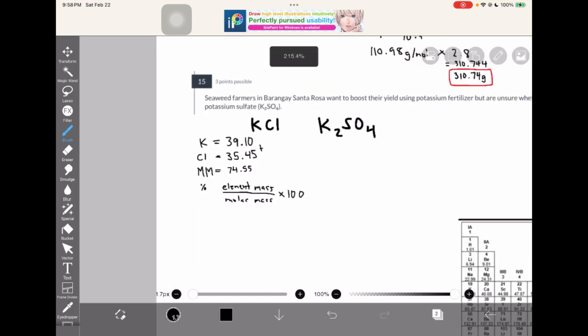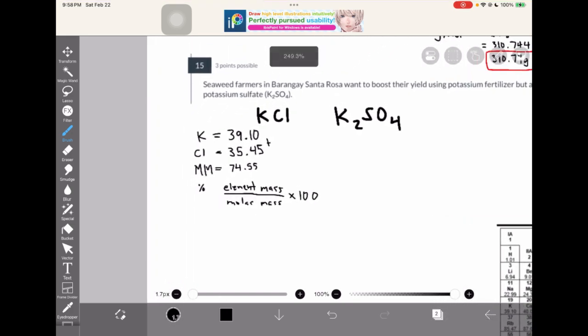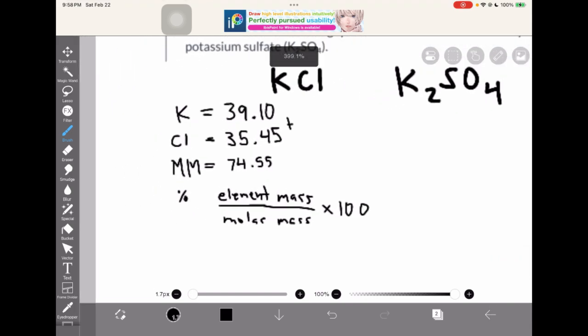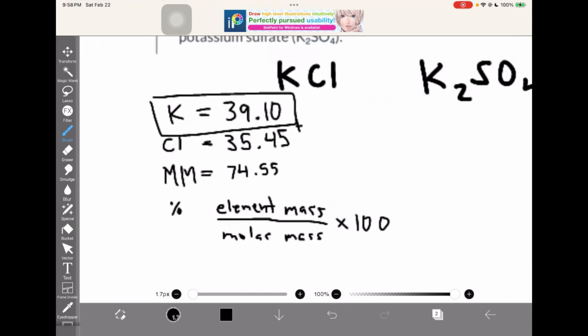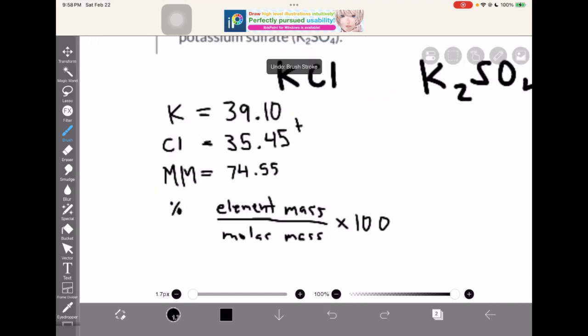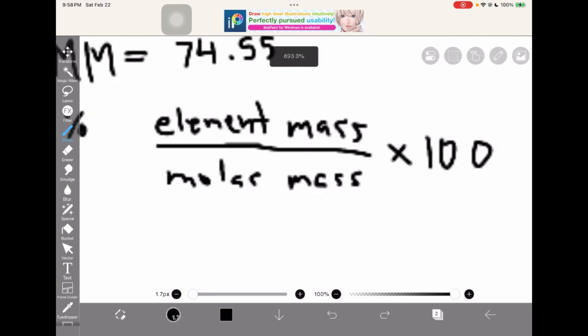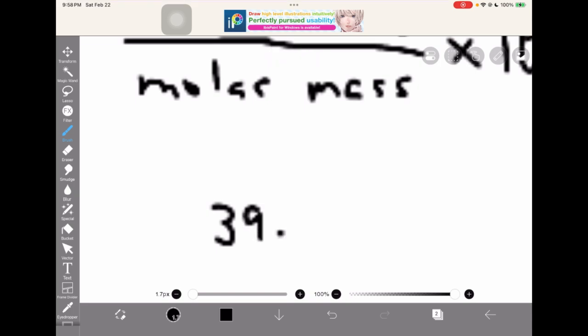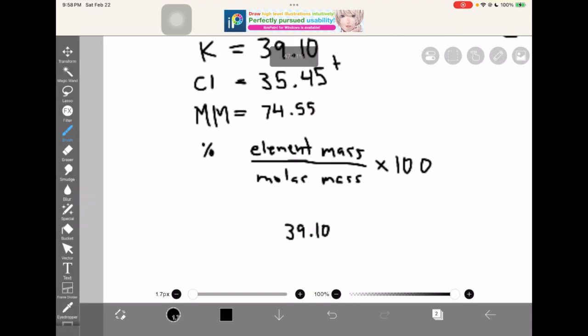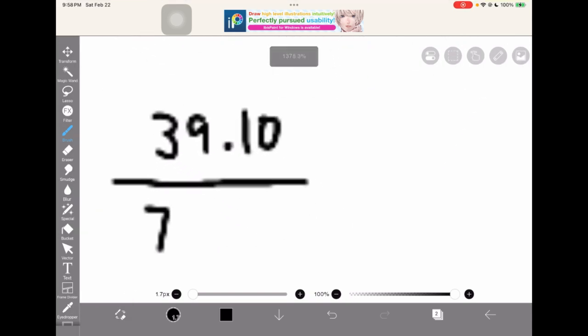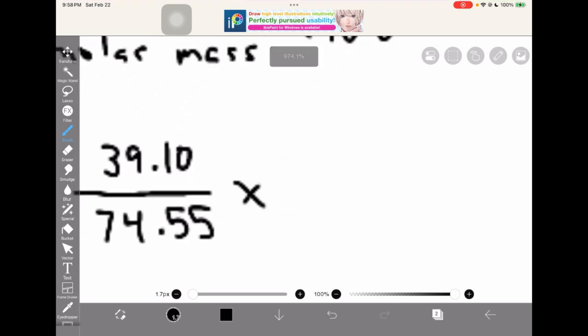So let's plug that in. We want to find the more potassium fertilizer. We want to have the more potassium. So we only have to focus on K over here. So we have the element's contribution, which is 39.10, over the molar mass, which is 74.55. And then we have to times that by 100.